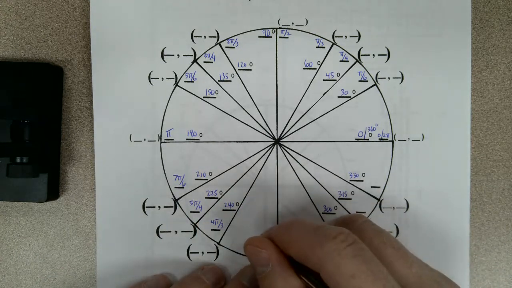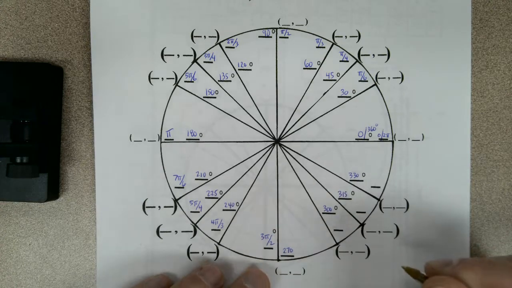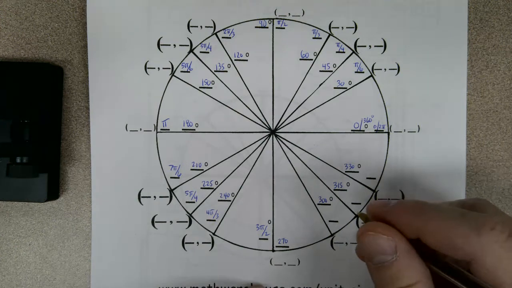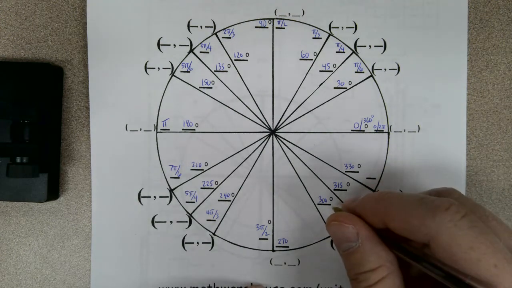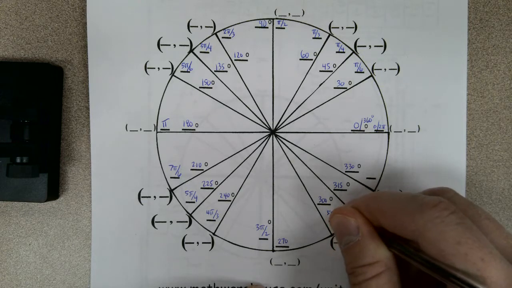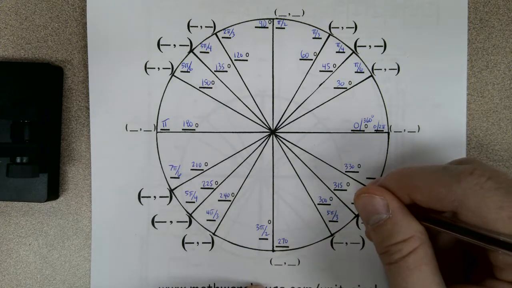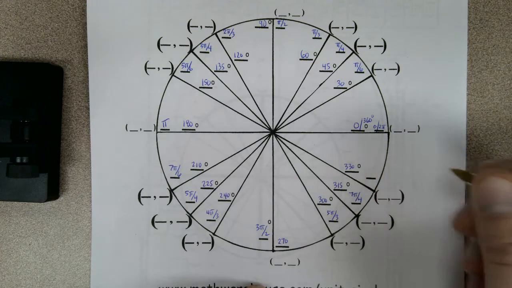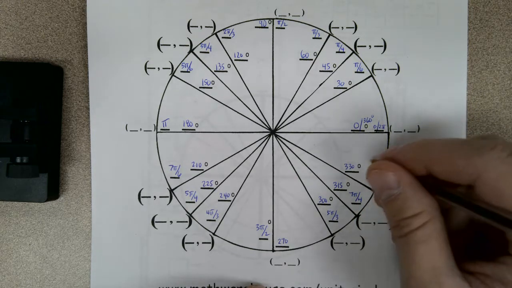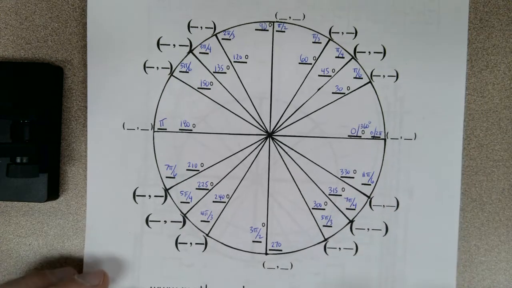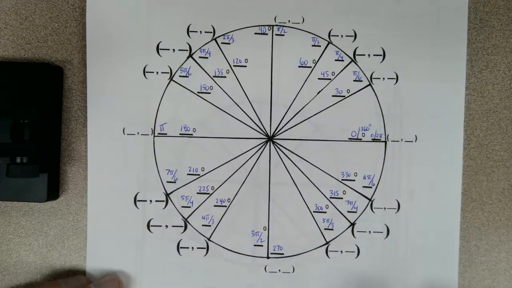Here we're at 3 pi halves and going around to 300. Now we're going to be at 5 pi thirds. We're going to be at 7 pi fourths, and then at 330, 11 pi sixths. So just going around the circle, filling in the degrees and filling in the radians first.